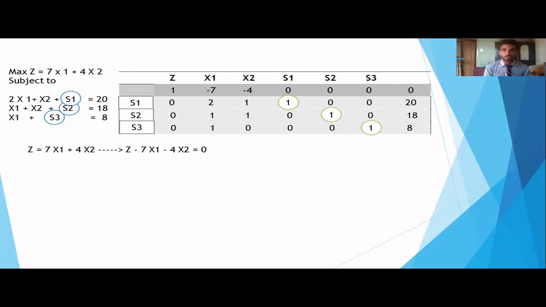To know which of these two variables should increase, we observe the objective function row in search of negative numbers. If this is the case, we select the smallest of them. This means that x1 will be transformed into a basic variable and its value will be greater than 0.